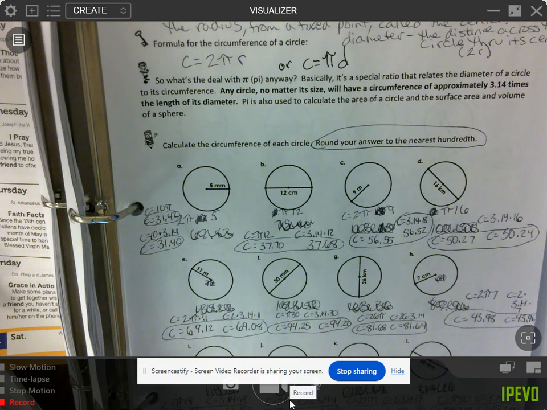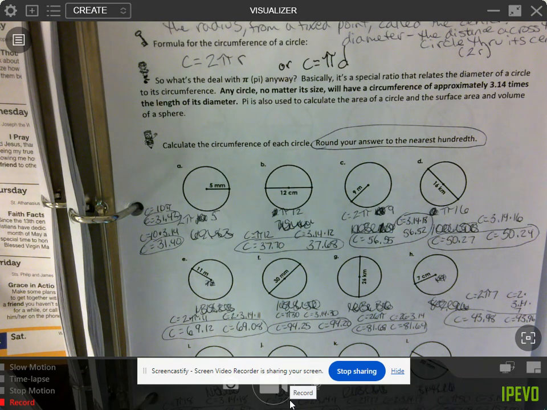Liam, were you able to figure out where you went wrong? Liv, did you figure out where you went wrong, or do you want me to walk you through one? That's okay, you just have to let me know. So let's look at E. If we have the line going from the outside to the middle, is that the radius or the diameter? Radius.